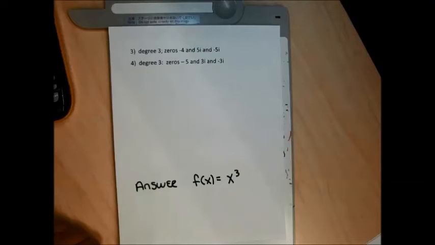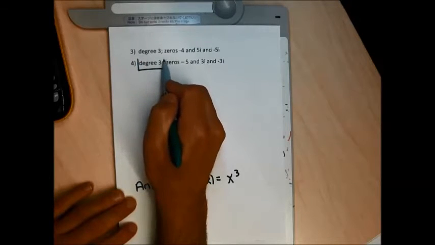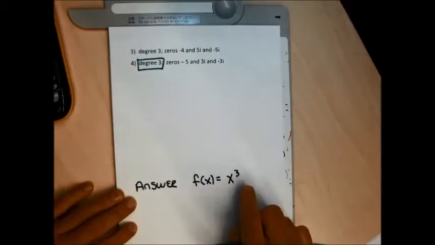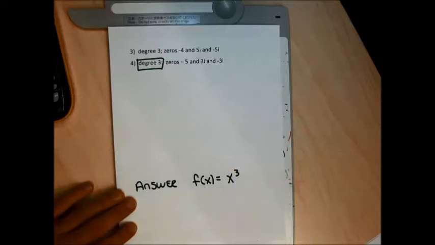And how do I figure out what goes after it? Well, I work with the zeros. The fact that I'm going to have a degree 3 tells me my answer needs to have an exponent of 3, and the instructions said a lead coefficient of 1, so there's not a number in front of the x cubed.